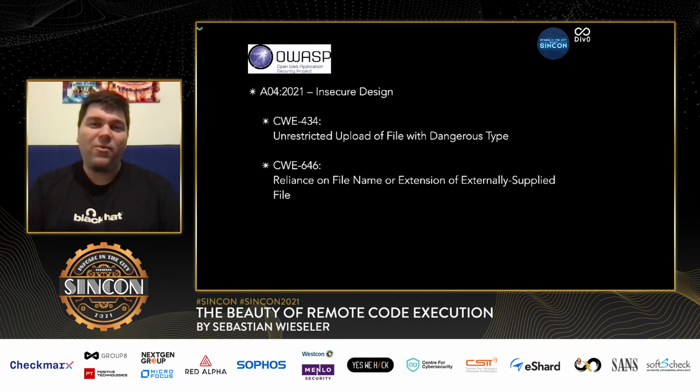Now there we got a new category which combines insecure design. In insecure design you have two CVE numbers which refer to upload vulnerabilities that can happen. The first one was about the unrestricted upload of a file with a dangerous type, and the second one is a reliance on the file name or extension of externally supplied files.